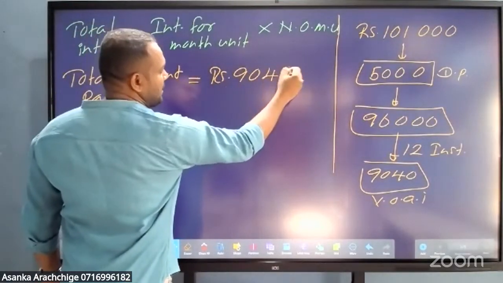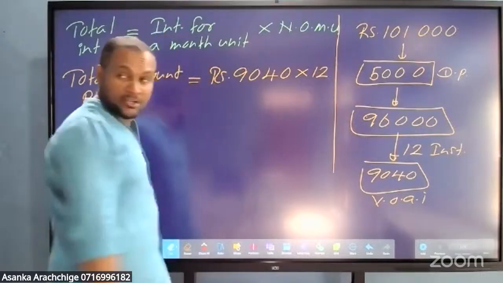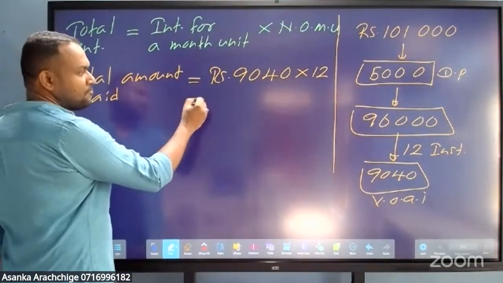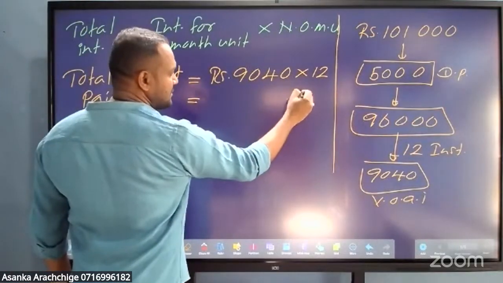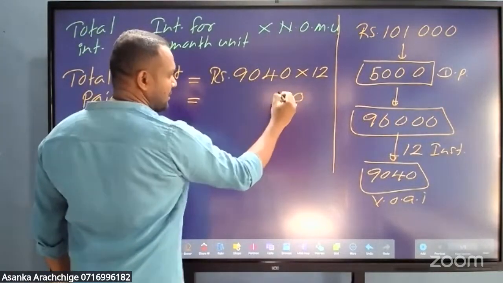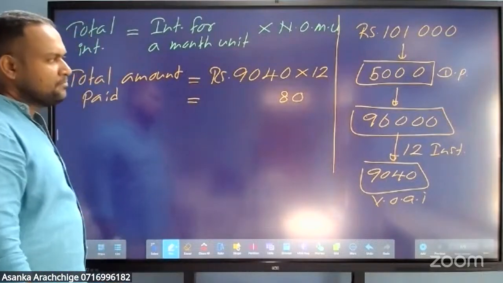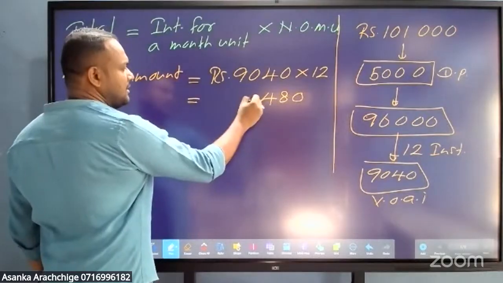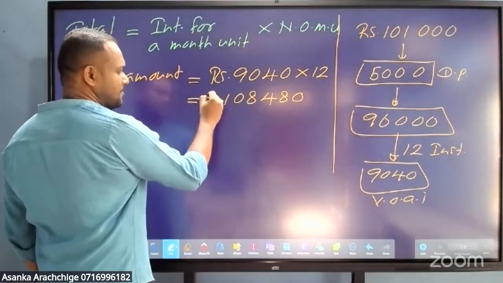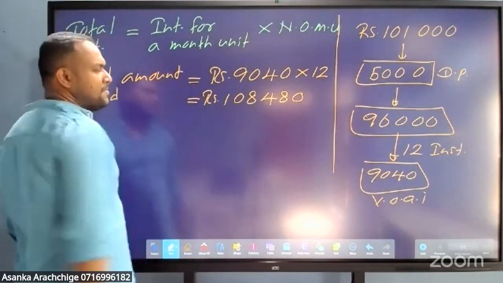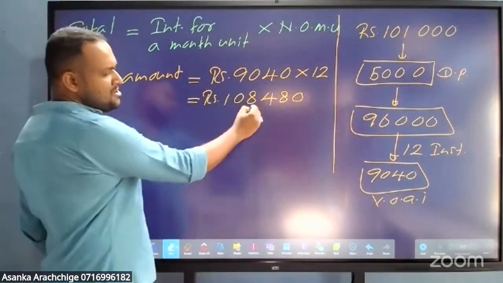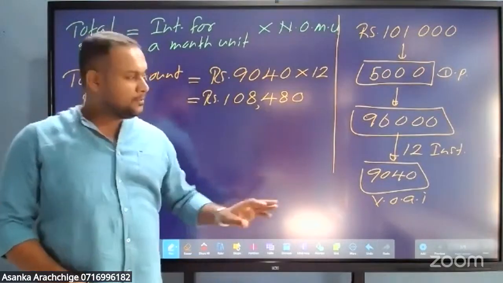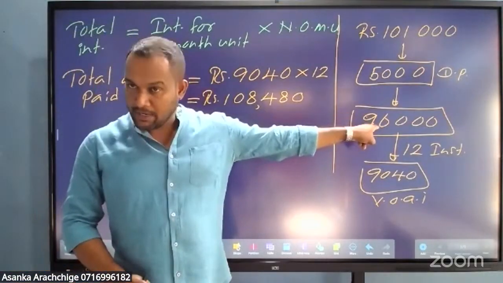This should be multiplied by 12, which is 12 times 0, 0, 12 times 4, 48, 4 remaining, 12 times 0, 0, 4, 4, 12 times 9, 108. This lady pays 108,480 rupees in total for this loan amount.